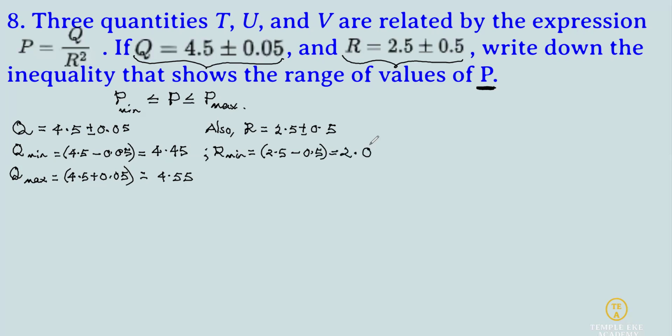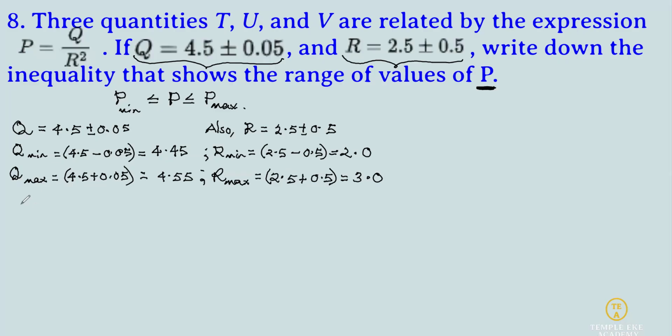That's right. And now the upper bound of R, which is the maximum value of R, we write as R maximum. This is by addition, 2.5 plus 0.5, the possible error, and this gives us 3.0. Beautiful. With these four details, we can solve the problem.